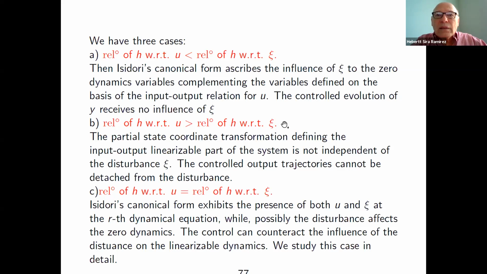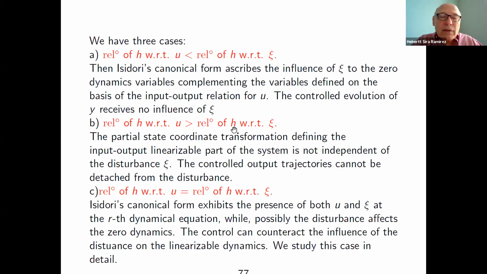it is not giving you a clue on how to proceed with that part of the complementary transformation. But it's okay, it's not bothering you in the input-output relation. The only thing that might be happening is that it has an adverse effect on the stability of the zero dynamics.